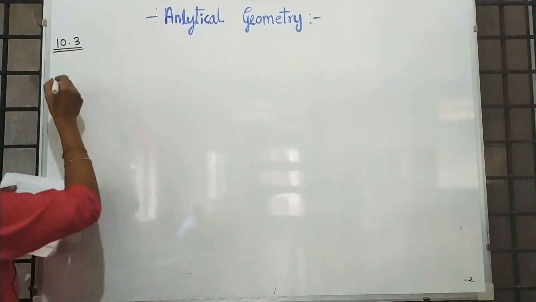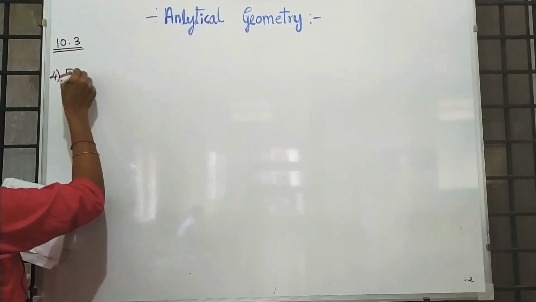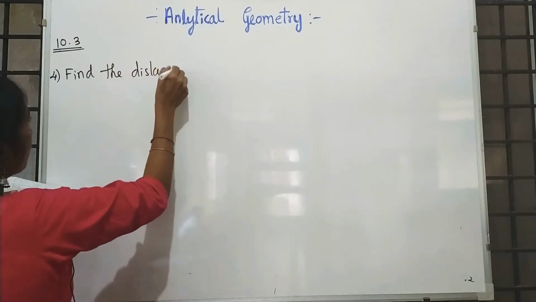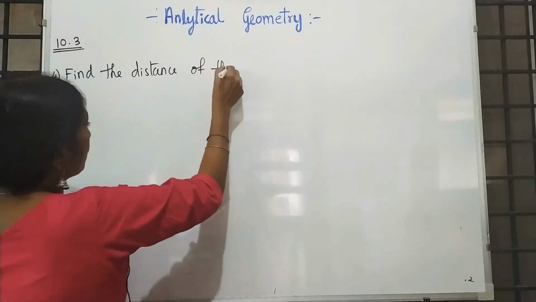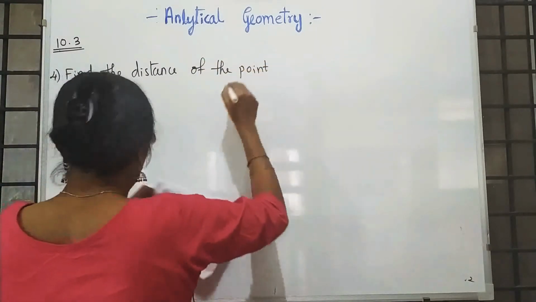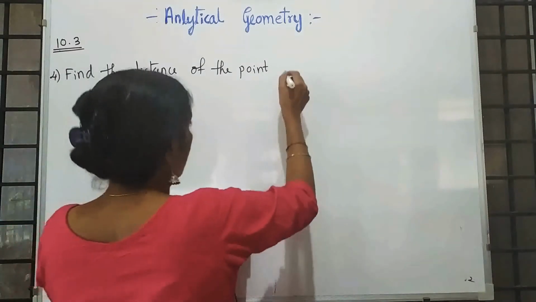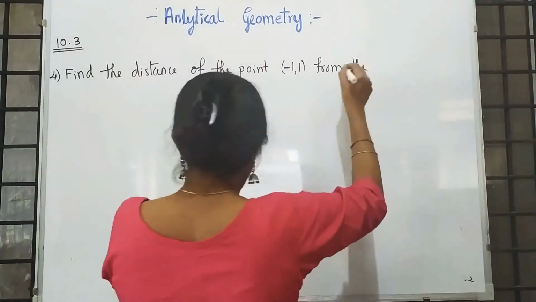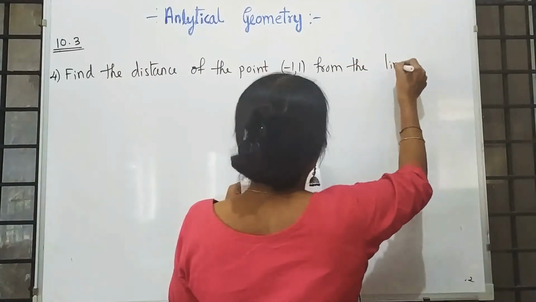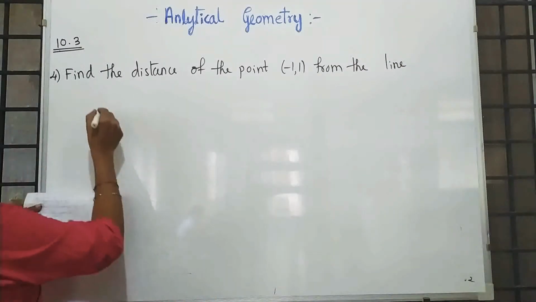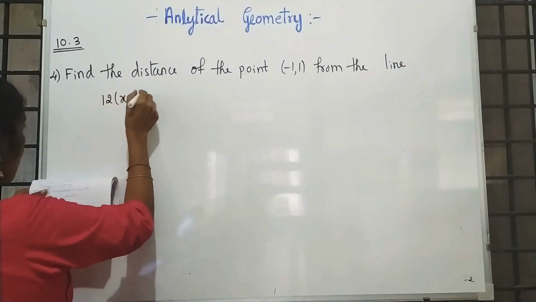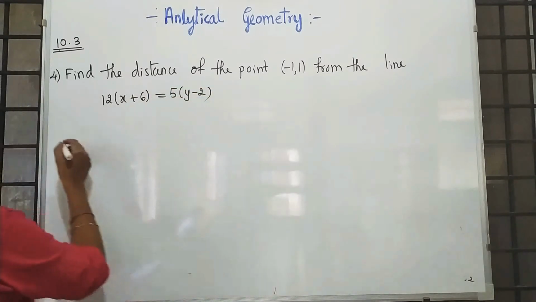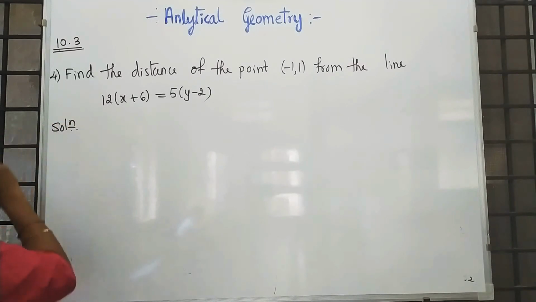Find the distance of the point minus 1, 1 from the line 12 in the bracket x plus 6 is equal to 5 in the bracket y minus 2. That means we have to find the perpendicular distance.